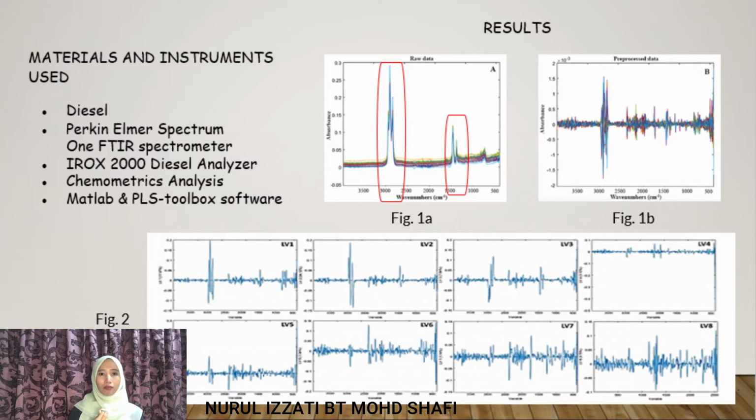Figure 1b shows the effect of pre-processing of spectra. In figure 2, the first three LVs show that the absorbances at 2900 and 2830 cm-1, caused by the CH3 and CH2 symmetric stretch, had the highest weight.